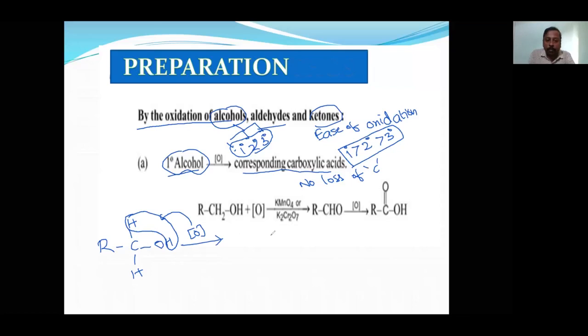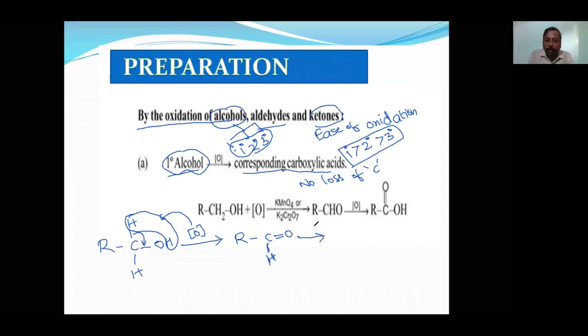Then it forms RC double bond O and hydrogen. This type of animated explanation is easy to understand; if you try to understand from books, it will be difficult. Whenever you have a doubt, you can ask in the comment section. So RC double bond OH.